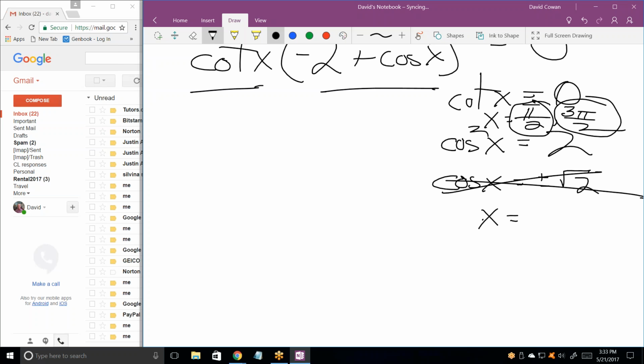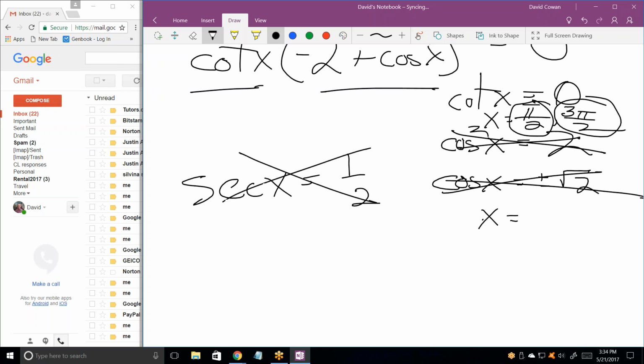Oh, okay. So you'd write only those, this one is not possible. Cosine squared can never be equal to 2. Always remember that. The sine and cosine can never be greater than 1 or less than minus 1. And secant and cosecant are always greater than 1 or less than minus 1. They're never in the middle range. If somebody tells you the secant of x equals 1/2, that's impossible.